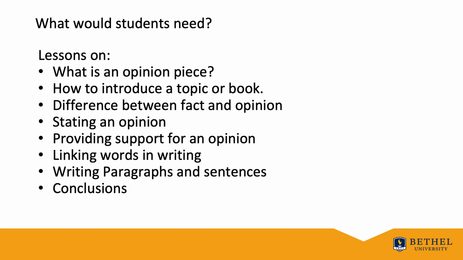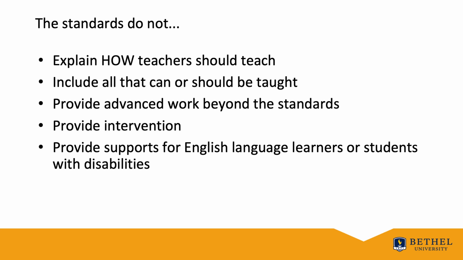Take it apart and determine what is important to teach in order for students to be able to meet that benchmark. Standards, or benchmarks, do not tell teachers how to teach, or sometimes even what to teach. In our opinion writing example, the teacher could decide to combine this with science standards and write an opinion about water conservation. But this same opinion writing benchmark might be accomplished in another classroom by having students write opinion pieces about their favorite picture book.